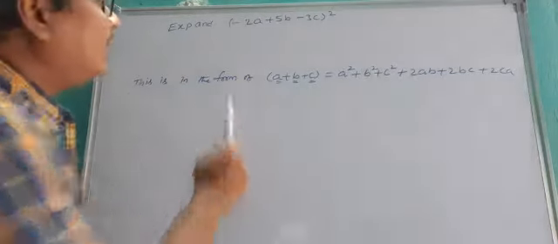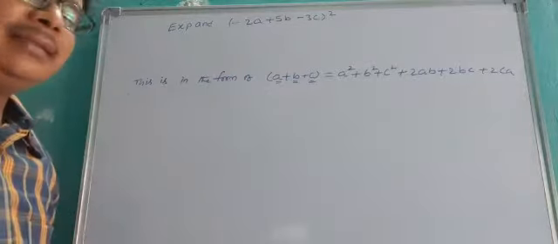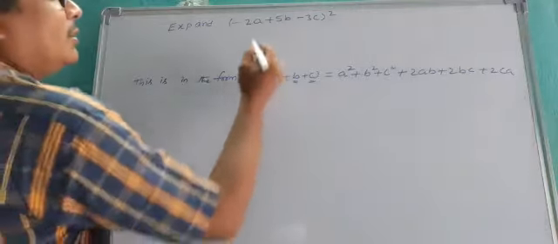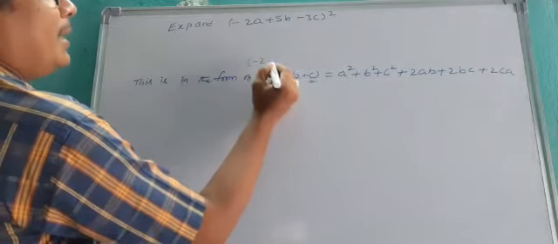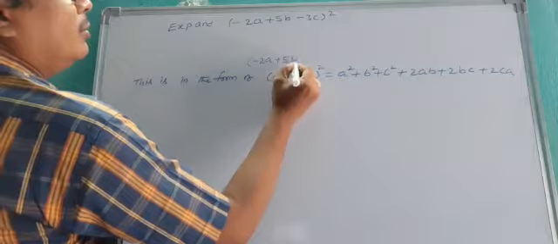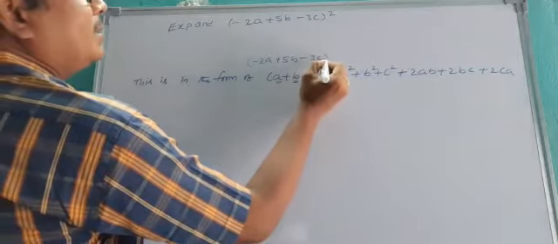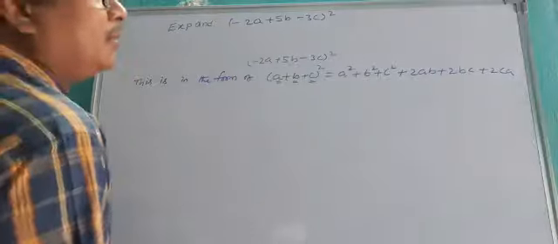The same question: expand (minus 2a plus 5b minus 3c) whole square. Okay, so you observe it. Same, this is in the form of (a + b + c) whole square, equal to a square plus b square plus c square plus 2ab plus 2bc plus 2ca.